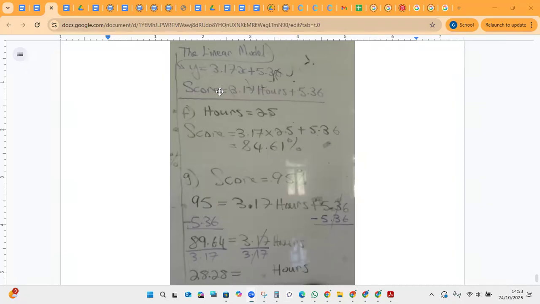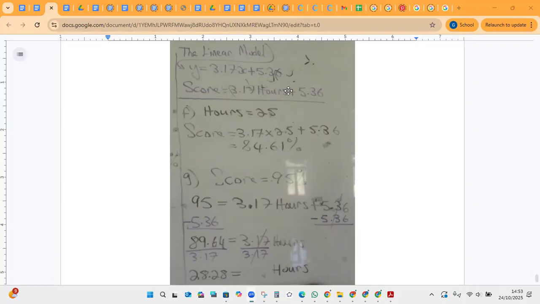Now you can use this equation to predict, to estimate, to forecast. That's why data is now a multi-trillion-dollar industry, because you can use data to have a peek into the future. You can predict what might happen with a certain level of probability.